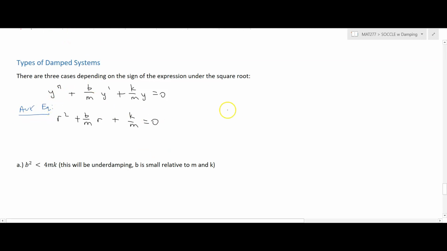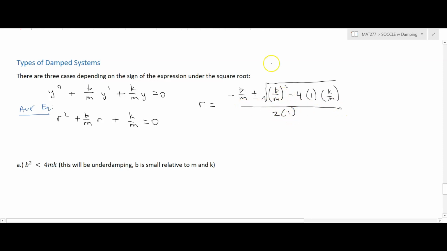Then we found that we had to use something like the quadratic formula. Now that's going to be negative of the b value, which is b over m, plus or minus the square root of the b value squared, so that's b over m quantity squared, minus 4 times a times c, all over 2a.